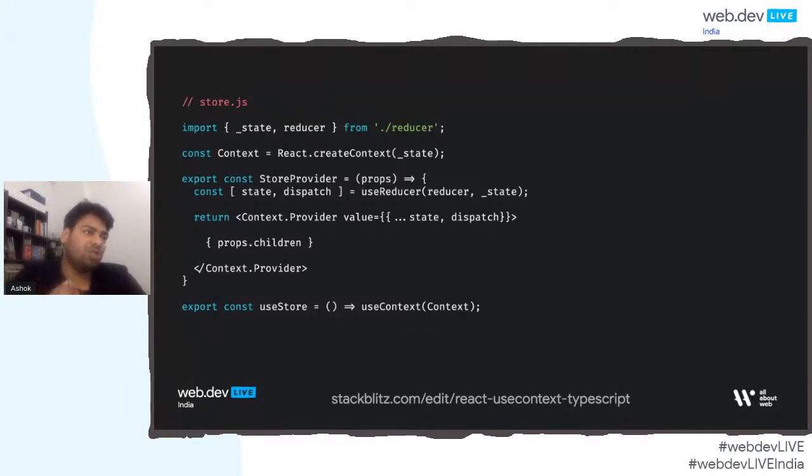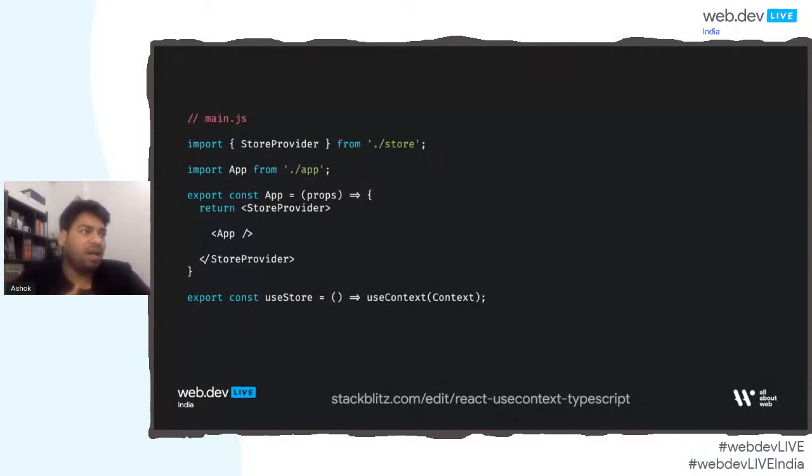Whoever is going to use this StoreProvider component, I'm wrapping them in that context provider, which helps re-render the whole thing when anything changes. Context.Provider requires a value, so I'm passing the state and dispatch method so that anybody using the useContext method inside that component can subscribe to the state and dispatch any method from that reducer. And I'm exporting that useContext as a custom hook called useStore, so instead of using useContext, I'll be using useStore.